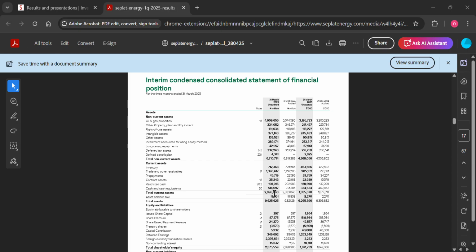Then finally you now have your PAT, profit after tax. This now talks about the profit the company or the organization made during that period.